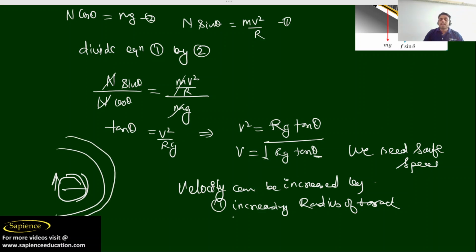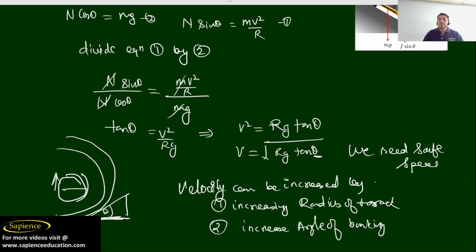Secondly, if you don't have space, you do the banking; the angle of banking of the circular track should be increased. Suppose this is your base track, but I have increased it up to theta. So increase the angle of banking.